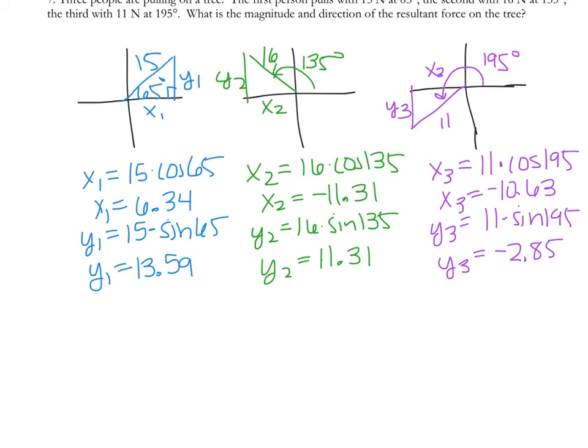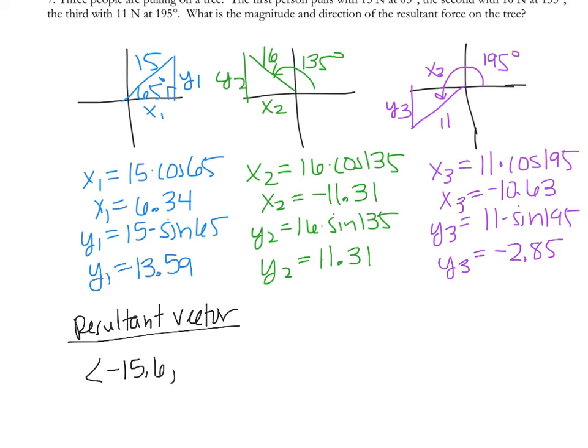So, magic of technology, there's all the calculated answers from my calculator. So then to get the resultant vector, I'm just going to add all the x's together and add all the y's together right now. So 6.34 plus negative 11.31 plus negative 10.63 is going to be negative 15.6.